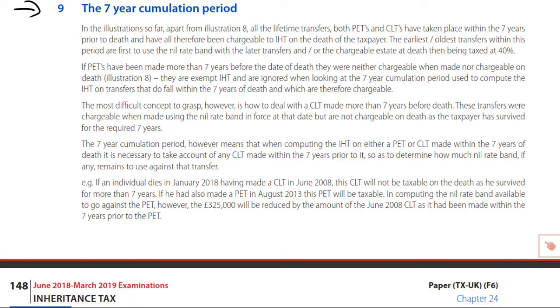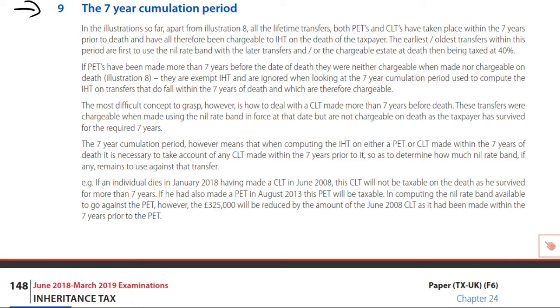In terms of the tax on death, we can't look at an individual PET, let alone a CLT, in glorious isolation and say, oh yeah, the tax on that £200,000 transfer is this amount. The tax on a £200,000 chargeable transfer could be nothing if it was all falling within the nil rate band. It could be 40% tax, £80,000, if it was all in excess of the available nil rate band, or part of it could be at nil, part of it could be at 40%.